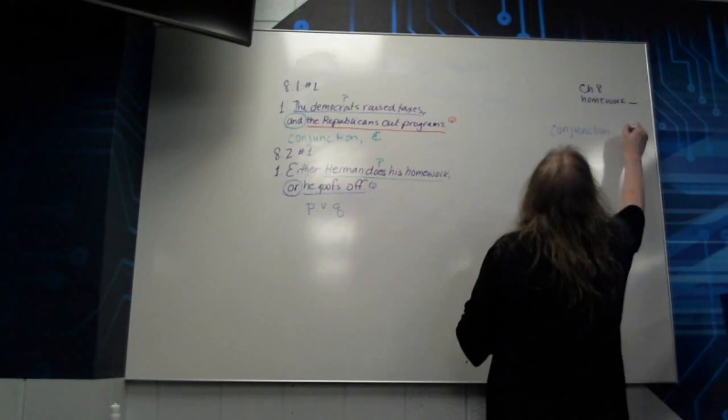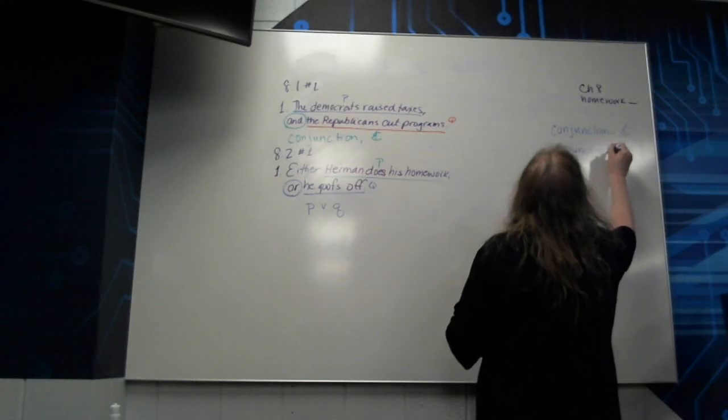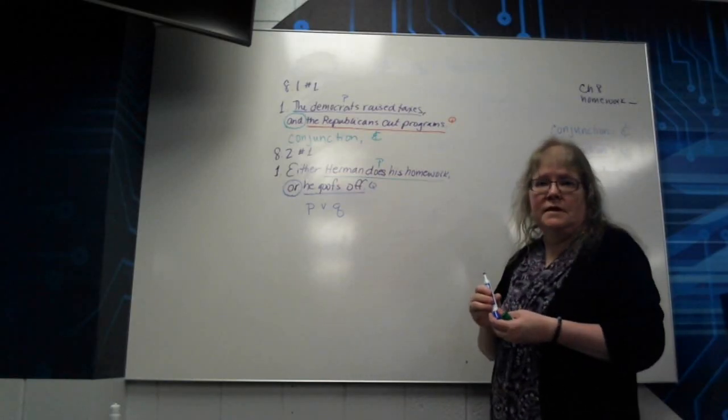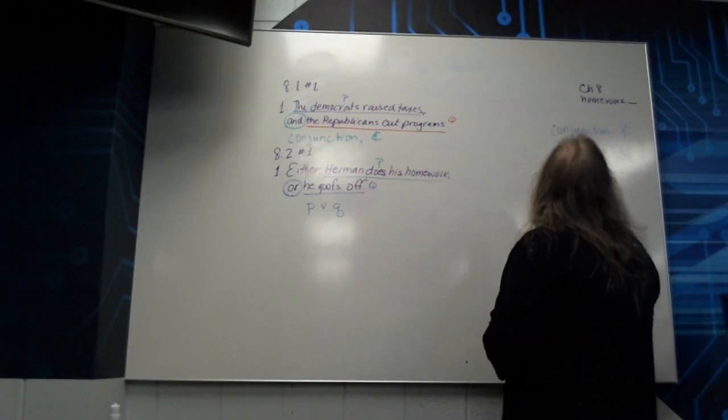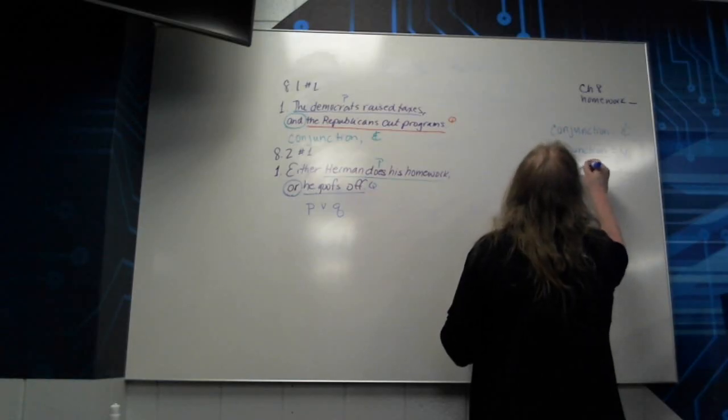Now remember, conjunction is the ampersand. Disjunction, which is the or, is just a lowercase b. It's not a special character. It's not anything weird. It's just a little b. The hardest one for me, anyway, is the conditional, making it on the computer.